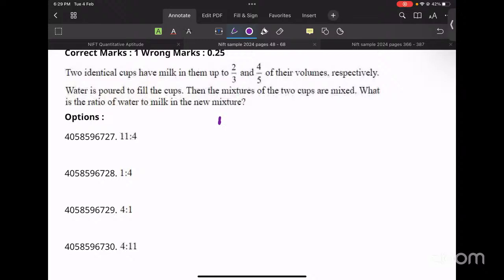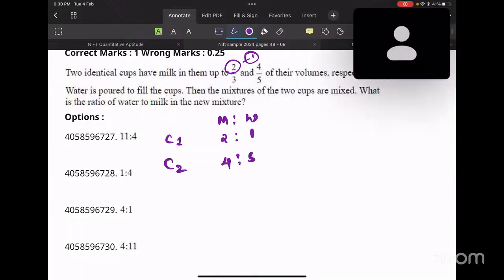See, in cup number 1, milk to water is 2:1. So milk in them is 2, so the remaining 1 portion will be water. So cup number 2, 4:1.